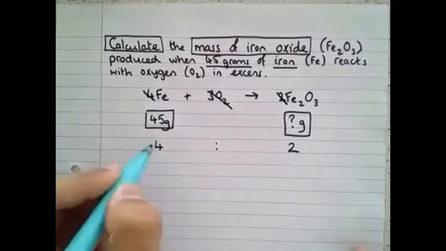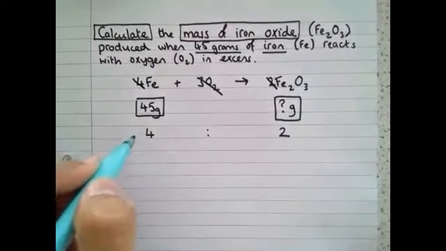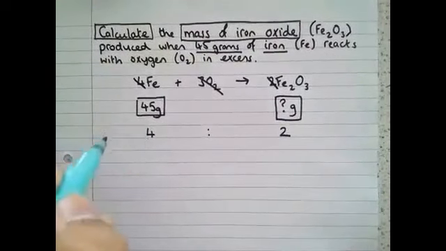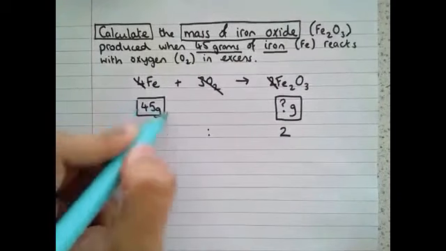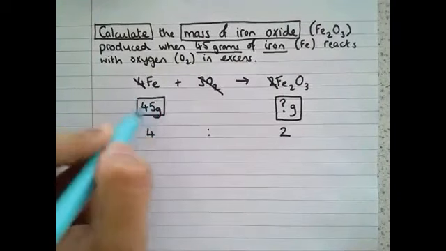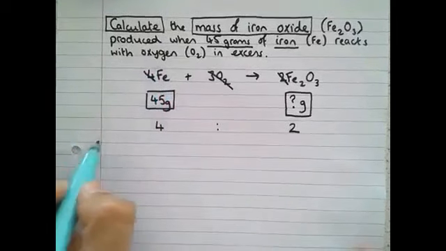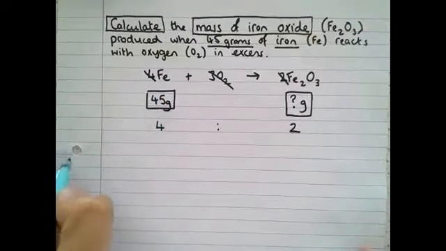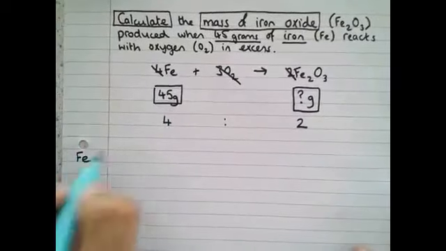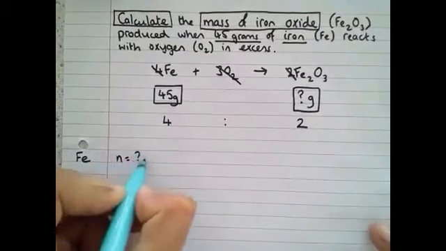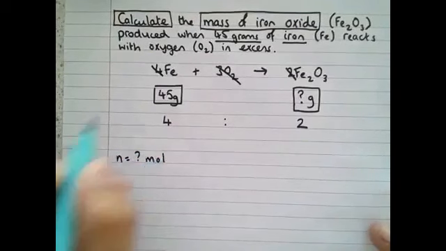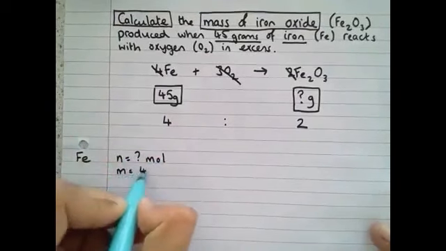Now, let us look at a simple formula here after writing the mole ratio as 4 to 2. We know that in our formula, we can calculate the moles that reacted. The moles of iron that reacted can be got from the number of moles equals the mass over the atomic mass.